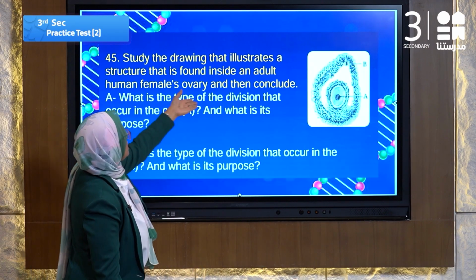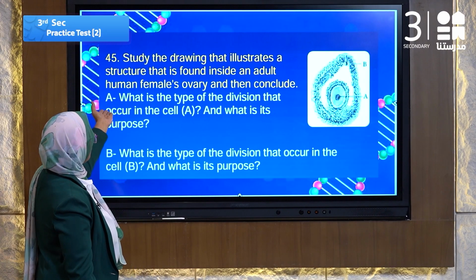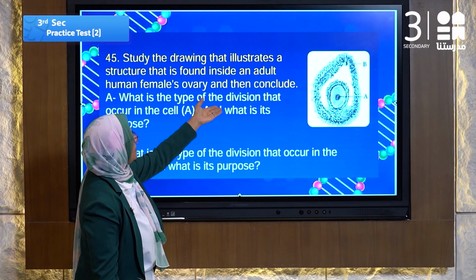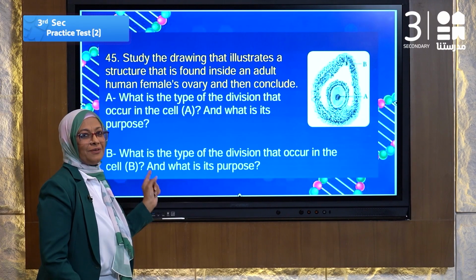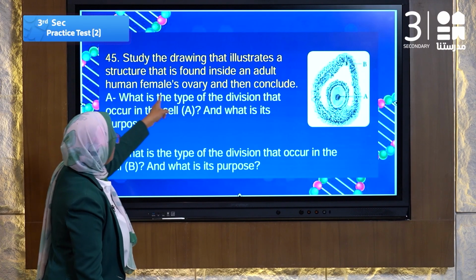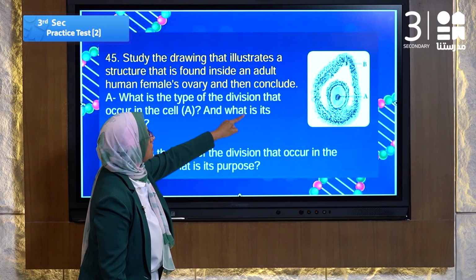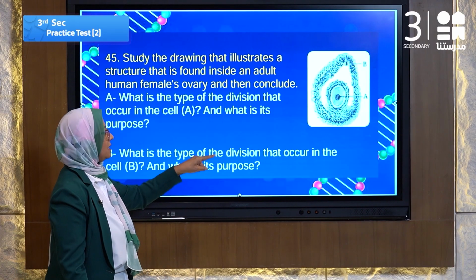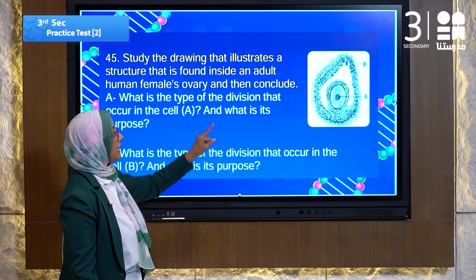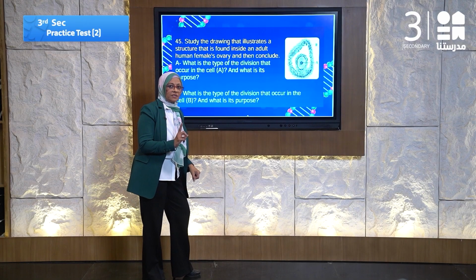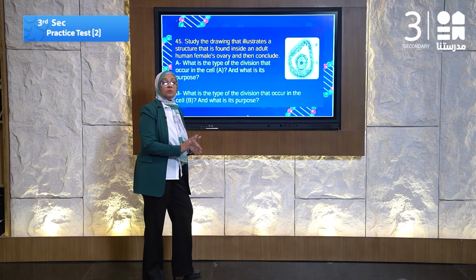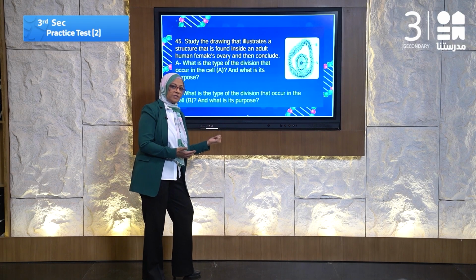Study the drawing that illustrates a structure found inside an adult human female. Yes, the female ovary, and then conclude. So we must discuss this part. A and B are found inside the human female ovary, not other parts of the reproductive system except the ovary.